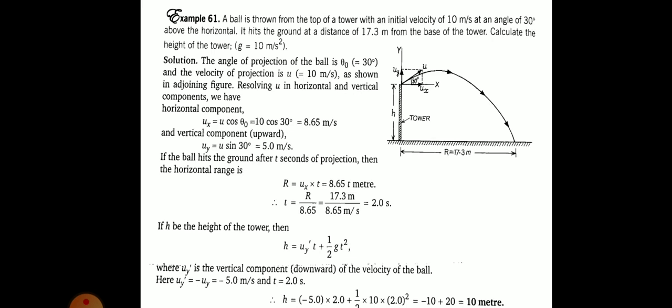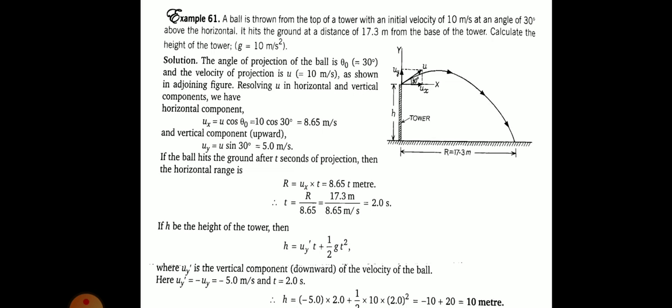Since initial velocity and acceleration due to gravity are in opposite directions, so in calculation, initial velocity is taken negative with respect to acceleration due to gravity, and the answer comes out to be 10 meter, means height of the tower is 10 meter.